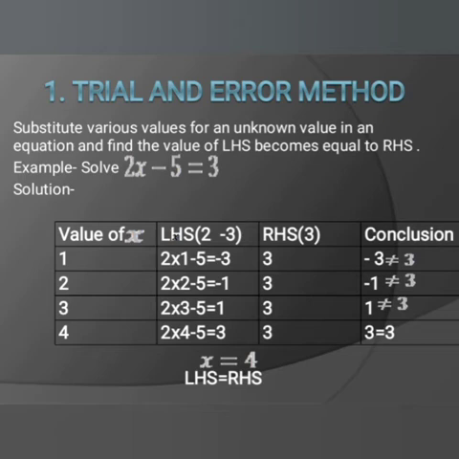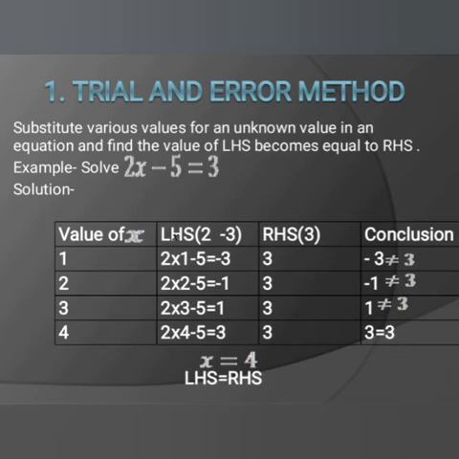So this value is also not included. Next we will take 3, the value of x we will take 3. So 2 multiply 3 minus 5 is equal to 1. 2 3s are 6, 6 minus 5 is equal to 1. And 1 is also not equal to 3. So this value of x is not valid. Next we will take 4. 2 multiply 4 minus 5 is equal to 3. 2 4s are 8, 8 minus 5 is equal to 3.